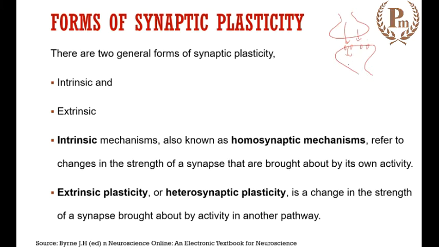Now, the changes that you get in the postsynaptic element are due to this presynaptic activity. So this type of synapse is called homosynaptic. We can use this term, homosynapse. The same activity is brought about by the influence of the presynaptic itself.